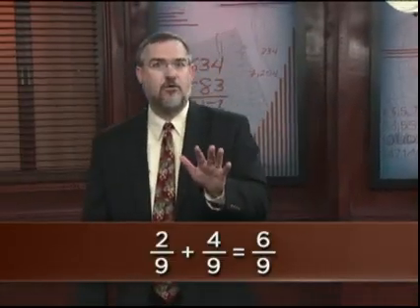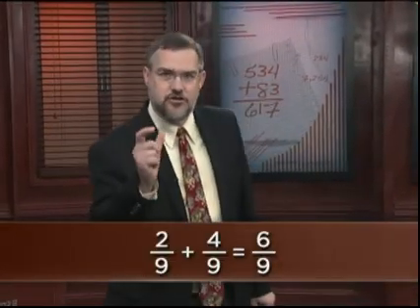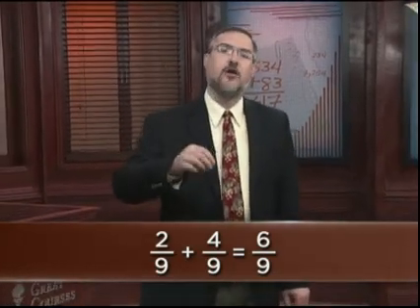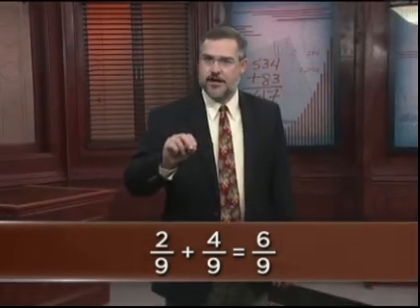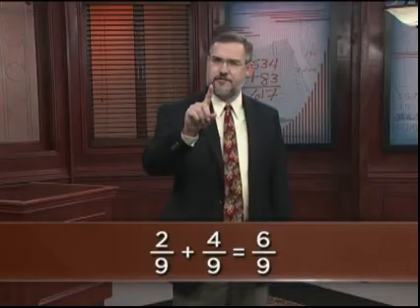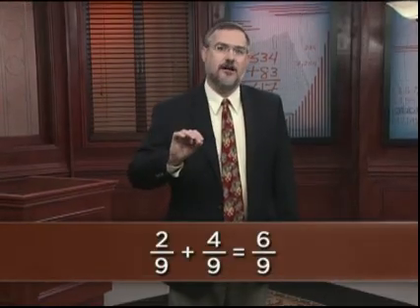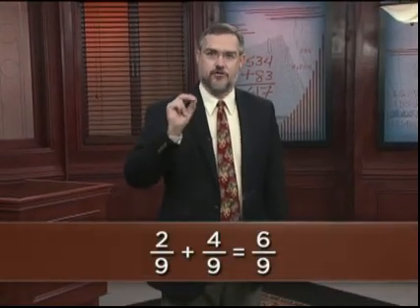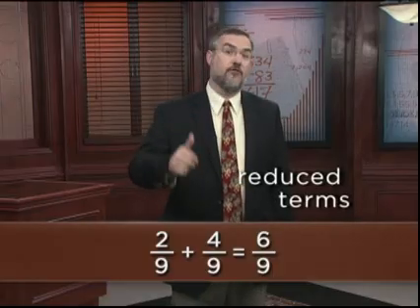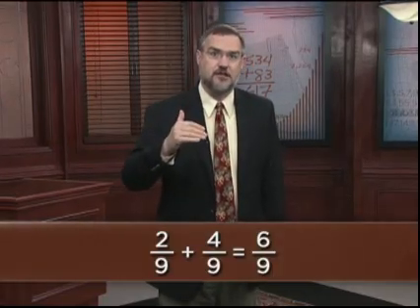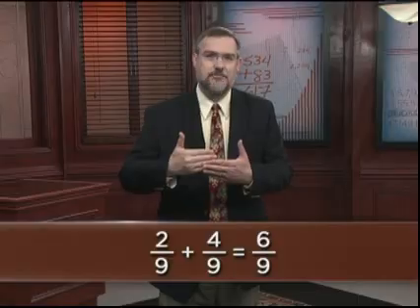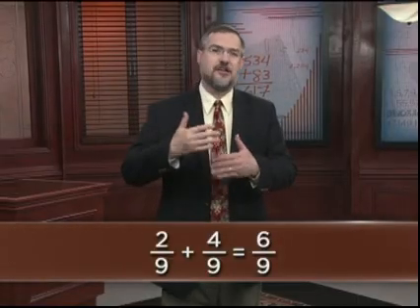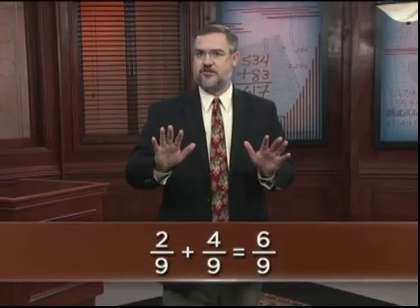Well, that would be okay to do, but now I want you to think about this twist with me. Everything we've done so far is correct, but if you look at 6 over 9 for just a minute, you realize that it is not in reduced terms. Now, in the previous examples we've done in this lesson, I didn't stop to make us think about reduced terms because I didn't want to throw too much at you at once.